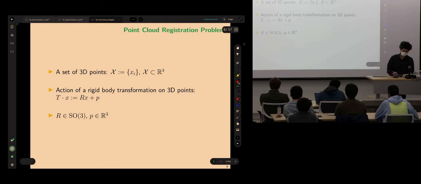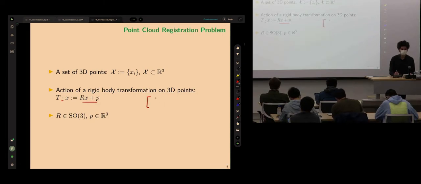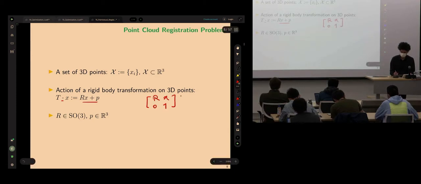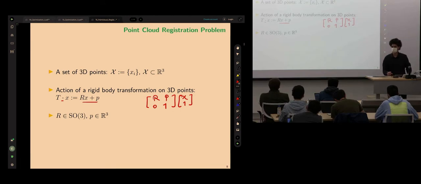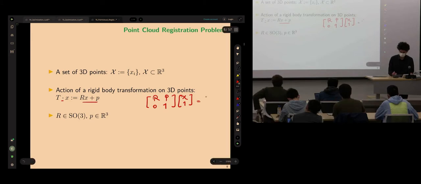A rigid body transformation rotates the point and then translates the point. Now, the reason I'm using a dot is that the points are not in homogeneous coordinates. To just keep the notation consistent, we do this. Otherwise, you know by now that we have to work with homogeneous coordinates if we're supposed to do matrix multiplication. But ultimately, this will give us our Rx plus p.